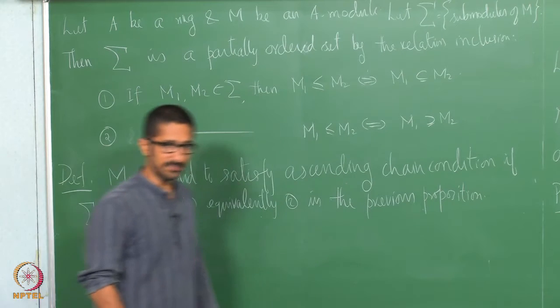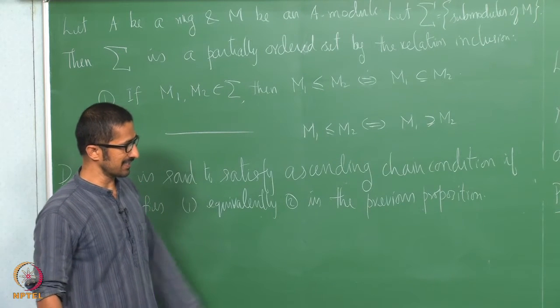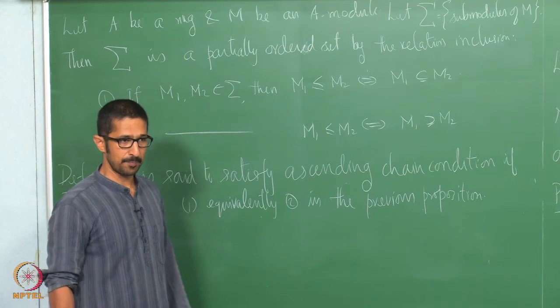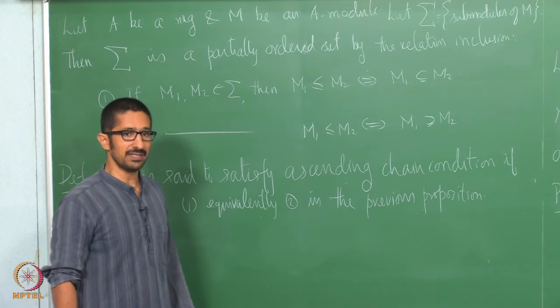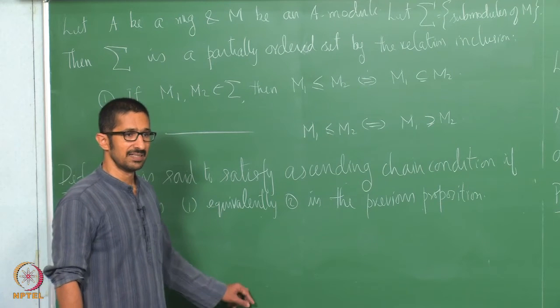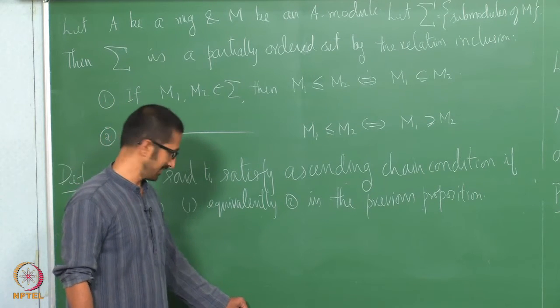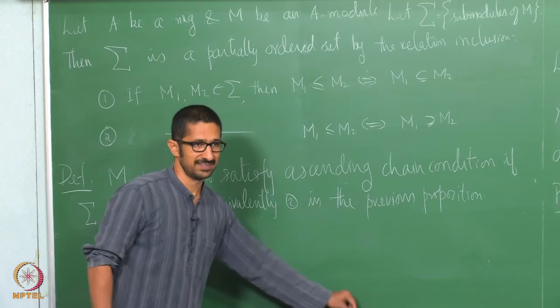That is, every increasing chain in sigma terminates, or every non-empty subset of sigma has a maximal element in it.